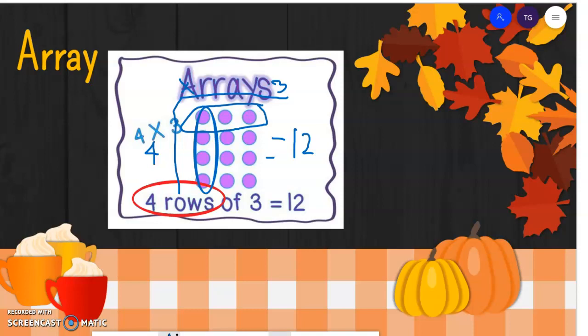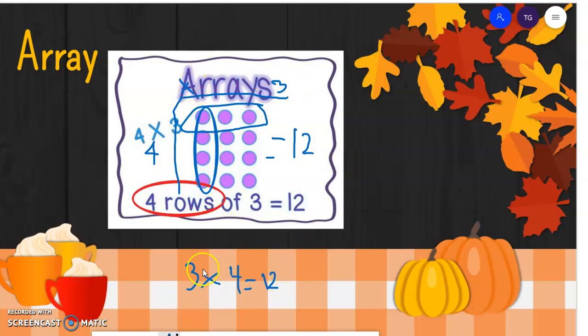Now I want to bring something to your attention. Even though 4 times 3 is 12, if I were to order my factors a different way, for instance, if I were to write 3 times 4 is equal to 12, this number sentence doesn't represent our model, what we have here, because we have 4 rows and 3 in each row.